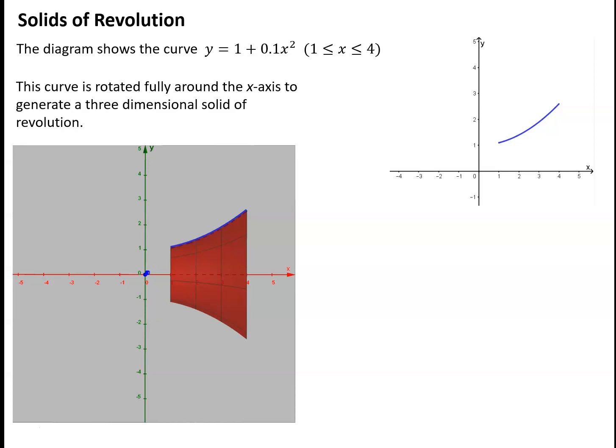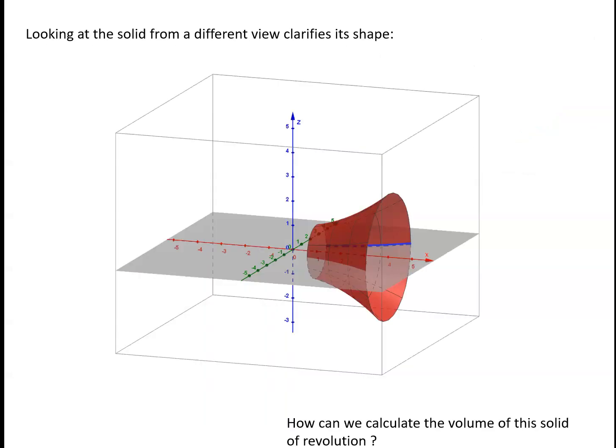But perhaps a more useful view for visualizing it is to look at it from a slightly different perspective, and then we can see the solid rather more clearly. Now what we really want to try and do is work out what the volume of this resulting solid is.